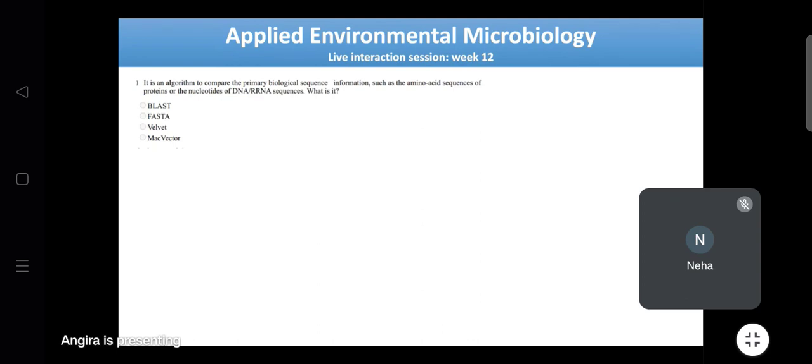Options are BLAST, FASTA, Velvet, MacVector. Yes, the correct answer is BLAST.